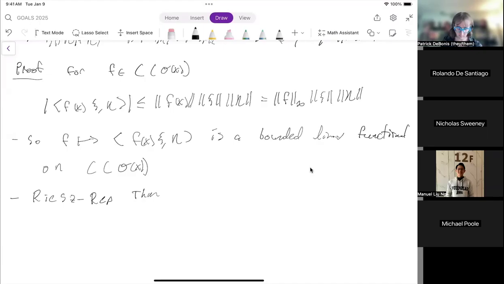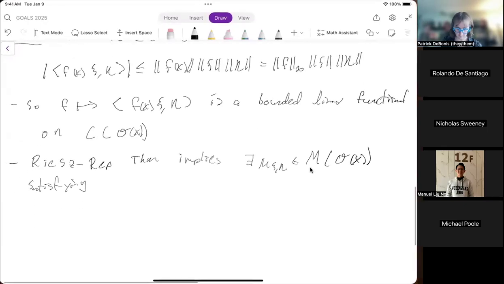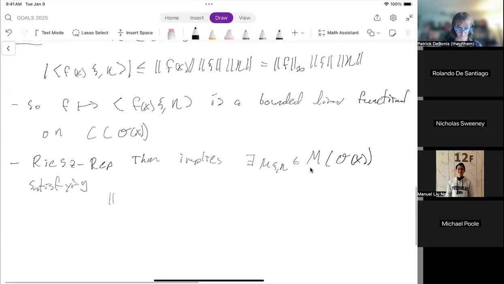It's going to imply that there exists a measure indexed by these vectors inside the space of measures for this compact space, satisfying the property that we wanted. It's bounded by the norm of these two vectors.